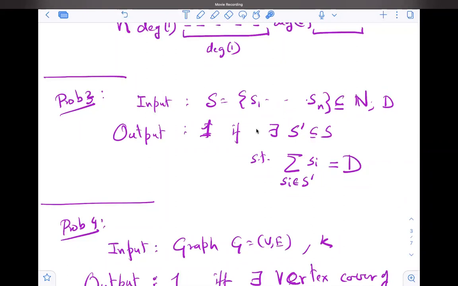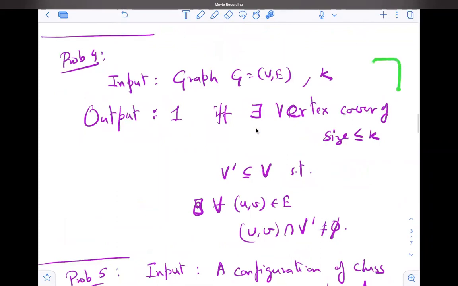So similarly here, you have a graph and you want to check if there exists a vertex cover of size k. You possibly don't know how to solve it, but your friend comes up saying that yes, the answer for the graph that you have is yes, 1. Then what kind of proof can your friend give you?